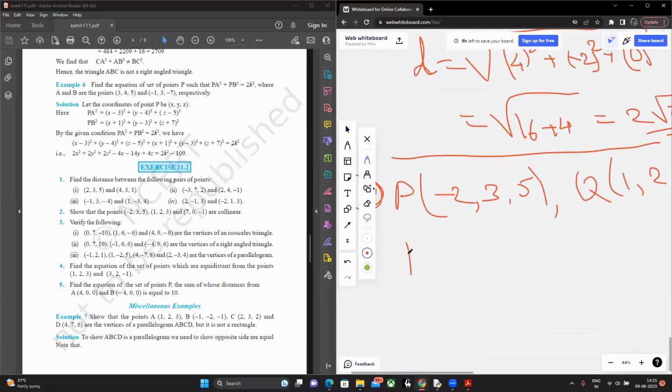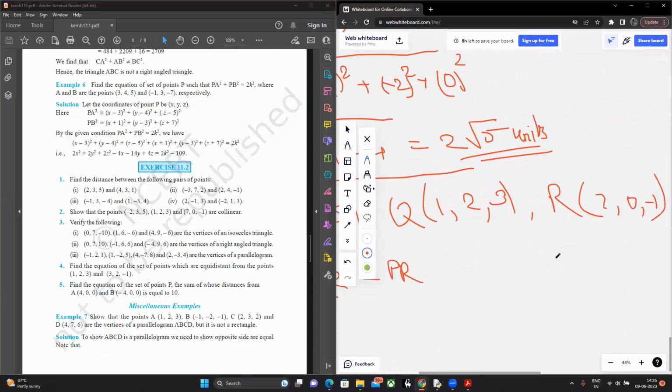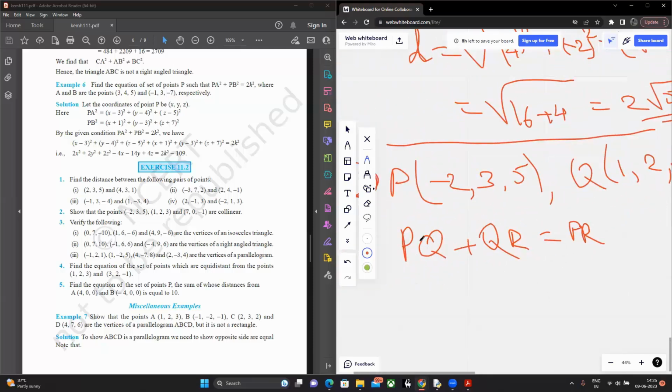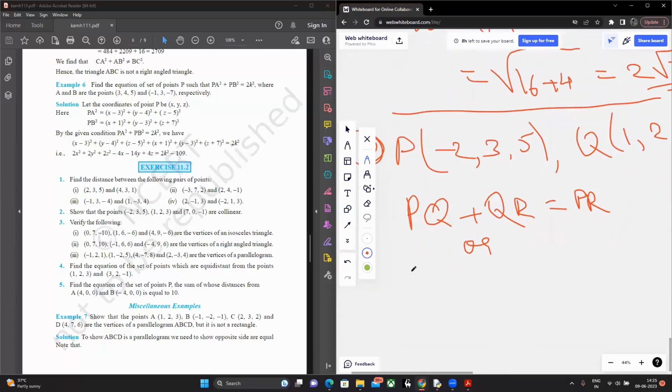What you're going to do is show that PQ plus QR is equal to PR, or your PR plus RQ is equal to PQ, or the other combination, right?